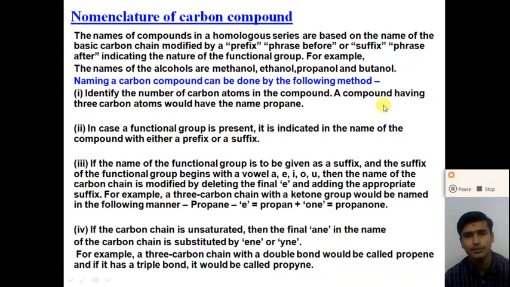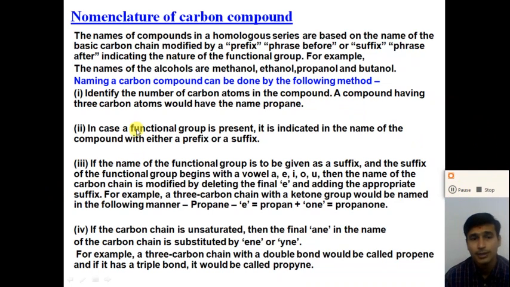Six carbon atoms, hexane, right, this way. So the first point is to identify the number of carbon atoms. One carbon atom, methane, two carbon atoms, ethane, three carbon atoms, propane, four carbon atoms, butane, like this, right? So first of all, identify the number of carbon atoms in the compound, right?